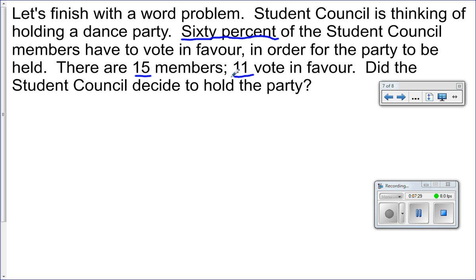So we have to do something with our numbers, 11 and 15. It's making me think that we need to come up with a fraction, which we then need to turn into a percent. So I've given you a couple of pretty helpful hints here. So pause the video and try working out a solution, and we'll go over this problem as well as the previous problems in class tomorrow.